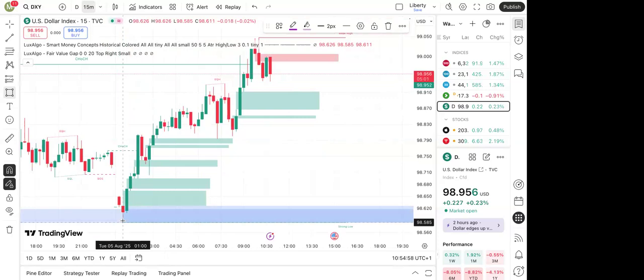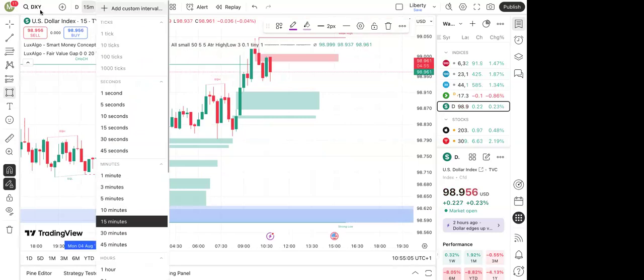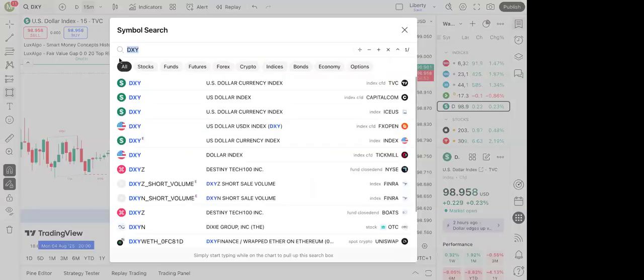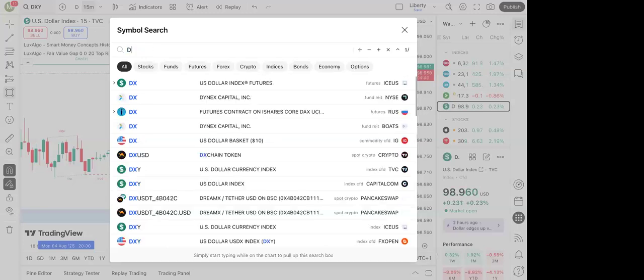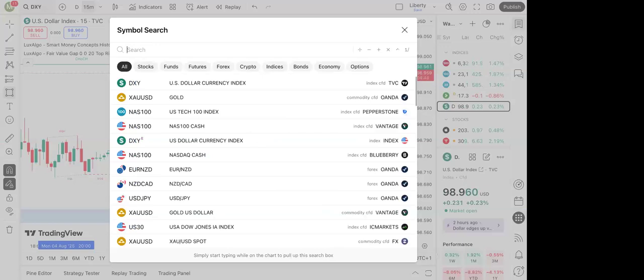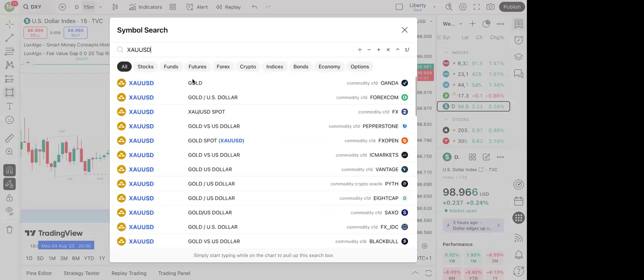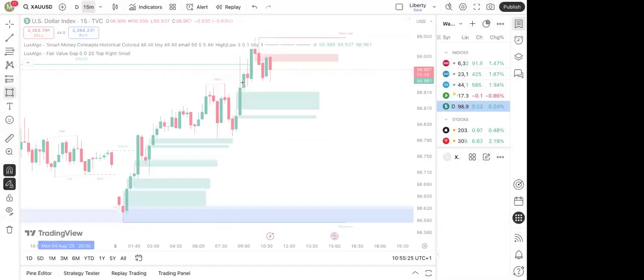And that gives us confidence that our analysis on gold is in line, is aligned with DXY, is aligned with SMC. So I'm going back to gold. That confirmation gives us more confidence to go into that trade.